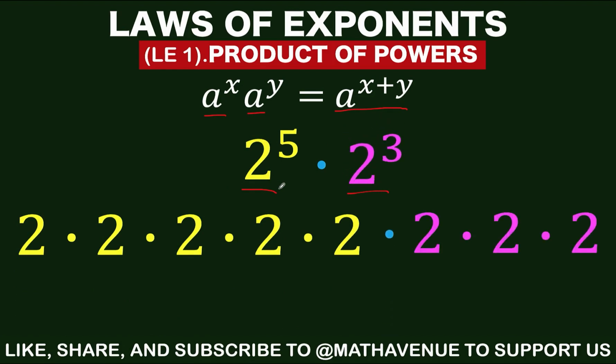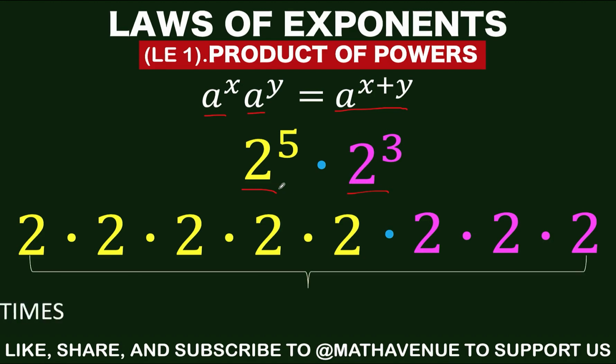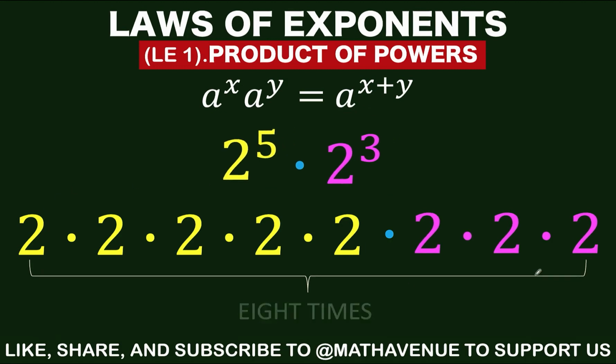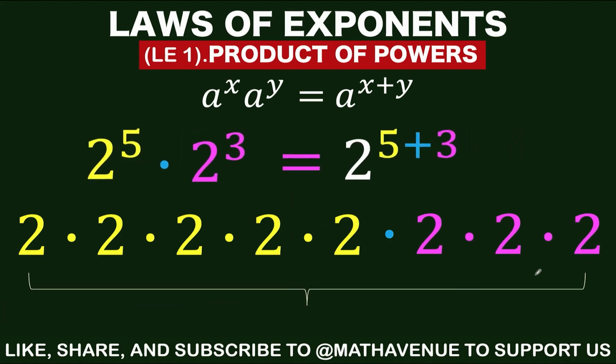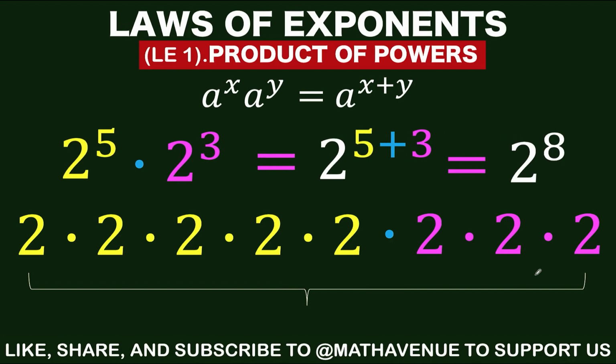If you count how many times we multiply 2 by itself, there are 8 times. And so the shortcut way of multiplying 2 8 times is to write that in exponent as 2 raised to the 8. And we arrive at the 2 raised to the 8 by adding 5 plus 3.